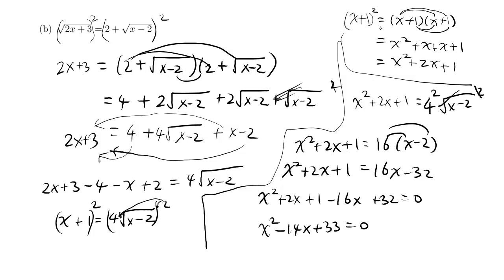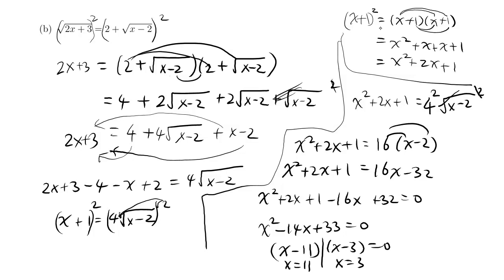Well, 33 is just 3 times 11, right? So if you think about two numbers that multiply to 33 and add to 14, that's 3 and 11. 3 plus 11 is 14. 3 times 11 is 33. And because of this negative sign, both have to be negative, so you have x minus 11 and x minus 3 as the factors. And each individual one will give you x equal to 11 and x equal to 3.